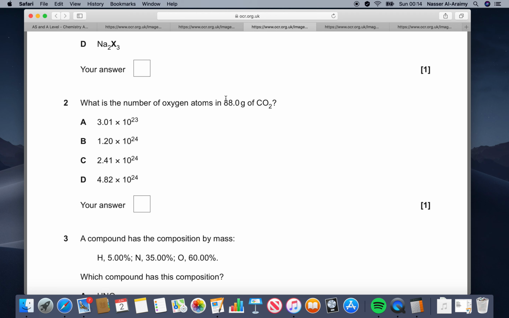Okay, so working with that, how many molecules of CO2 would there be in 88? Sorry, how many atoms of oxygen? There'd be 4 atoms of oxygen in 88, but that's if we're dealing with atomic mass units. We're dealing with grams here, so what do we need to do? We need to multiply that by 6.02 times 10 to the power 23.